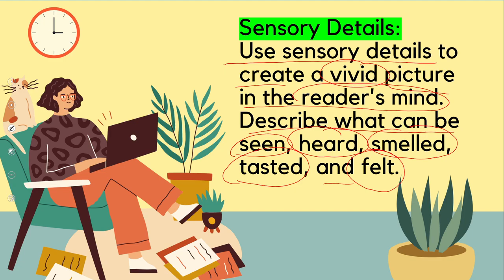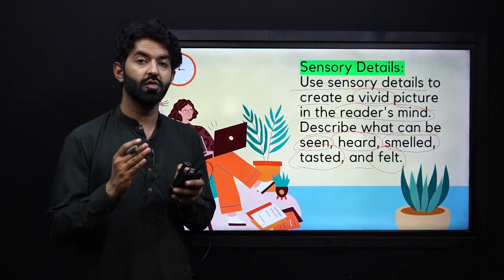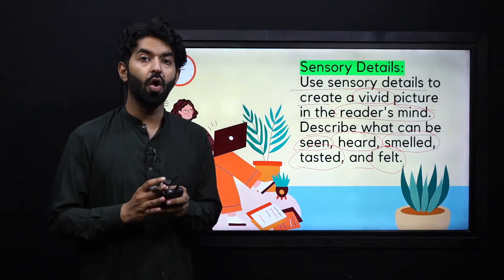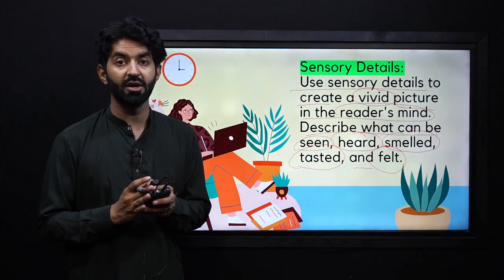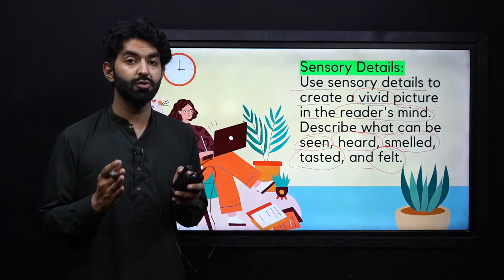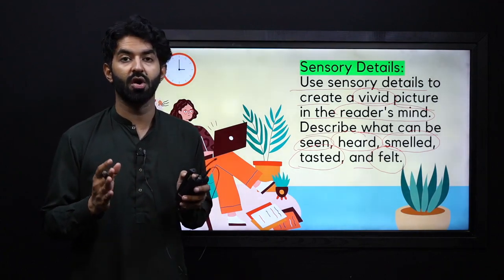So in sensory details, you will be actually hitting all the different senses mentioned here, for the reader to actually experience the description of the thing, place, or anything that you are mentioning.